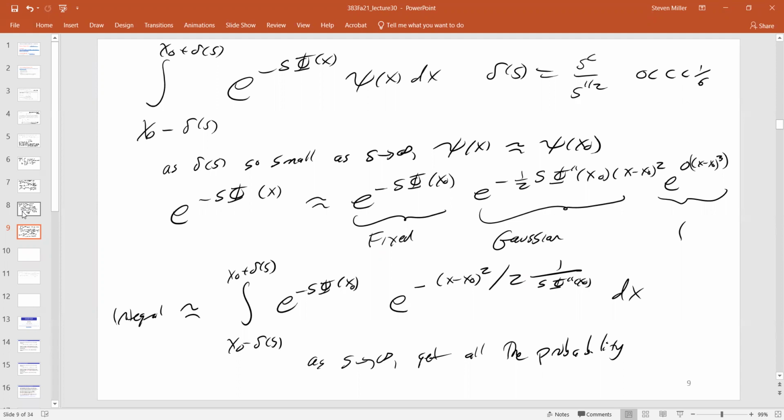It's a very similar process here. We break down the integral into here's the action, focus on what's going on there, and because we're now just looking very close to x naught, we can throw away the rest. And because we've thrown away the rest, we can then approximate it with a Gaussian. And then we extend back.